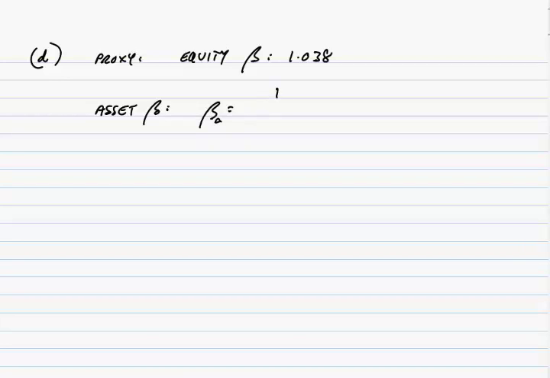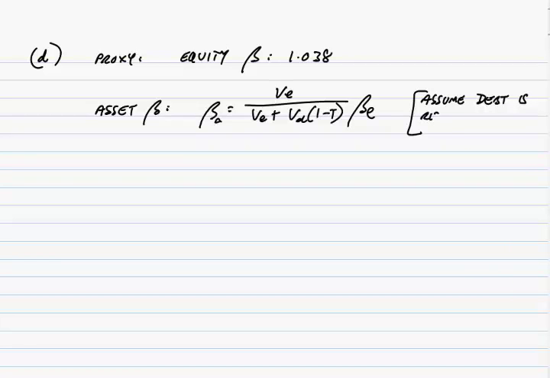The asset beta is VE over VE plus VD(1 minus T), times the equity beta, plus... I'm not going to write down all that second bit on the formula sheet with beta debt, but I write down that we assume always, for these purposes, that debt is risk-free. Therefore, the debt beta is 0, and therefore the whole of that last bit of the formula disappears.